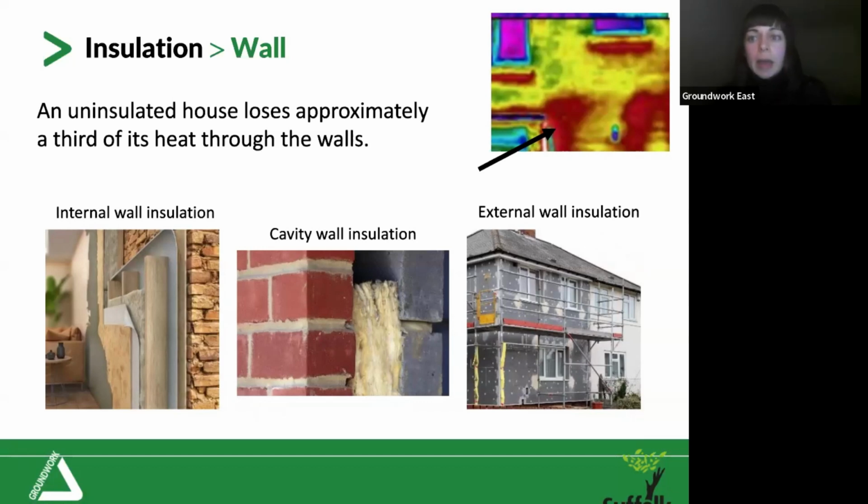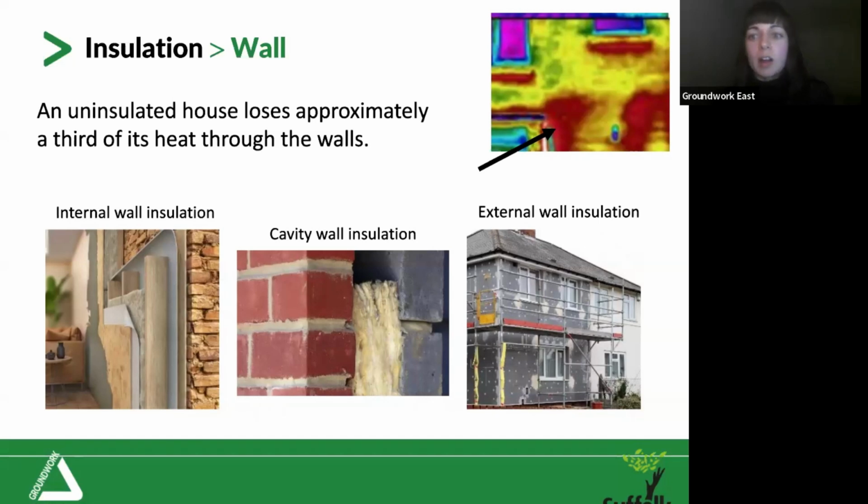Obviously walls are important, and about a third of the heat can be lost through walls themselves. In this image, just in the top right hand side, is the kind of image you might see through thermal imaging cameras when we find uniformly insulated walls. So that might be patchy insulation that they've got there.